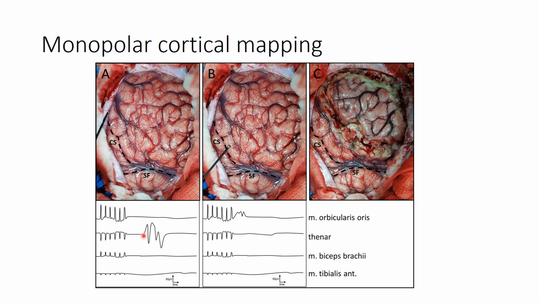So you see here responses from the thenar muscles elicited by stimulation of this zone of the central gyrus. Here, this zone, the lateral part of the precentral gyrus, provokes facial responses, which are seen here. And on the right, you may see that we have made the cortical incision just in front of the precentral sulcus. So after mapping of the central region, we have made this incision and removed this focal cortical dysplasia.